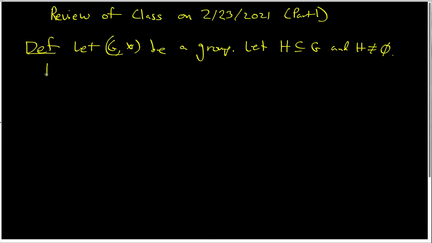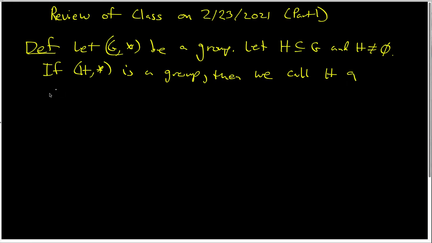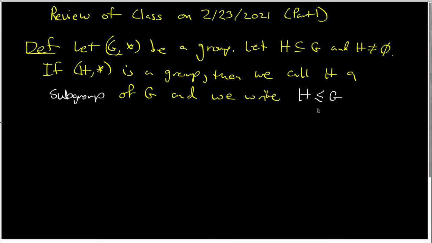And it turns out that if H under the same operation that G uses is a group itself, then we call H a subgroup of G. And we write H is a subgroup of G, where we are reusing the less than or equal to symbol from other mathematics.